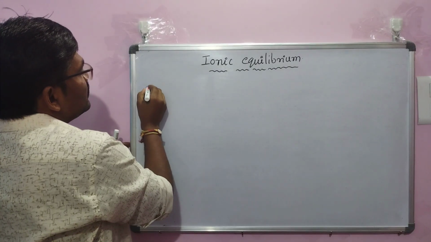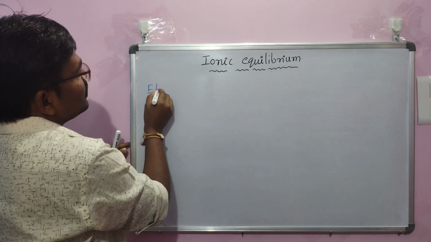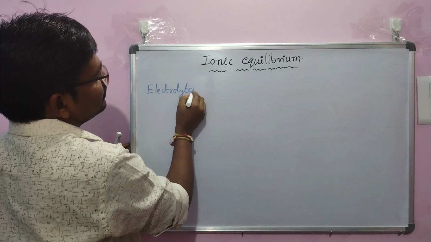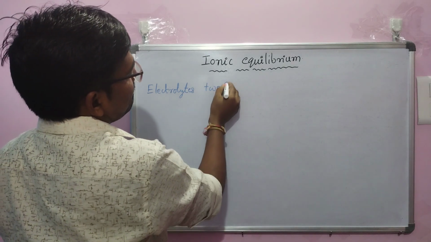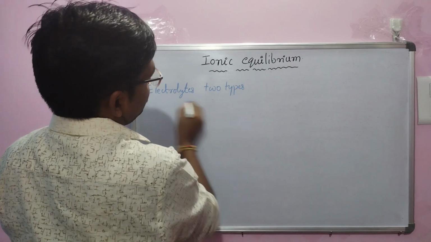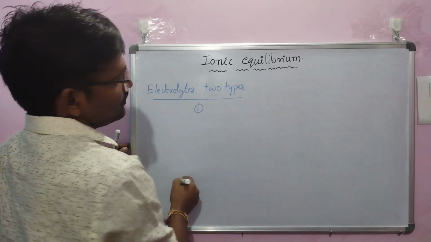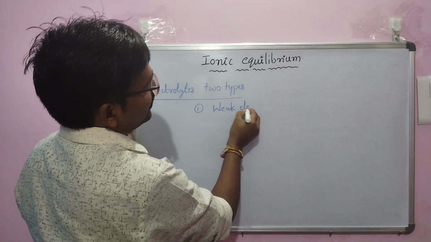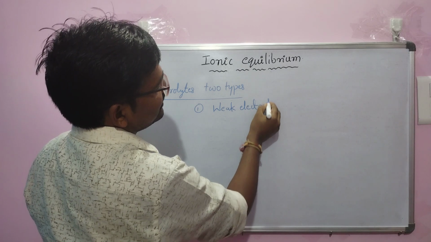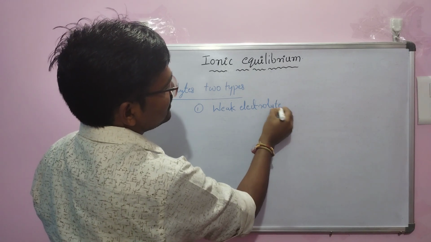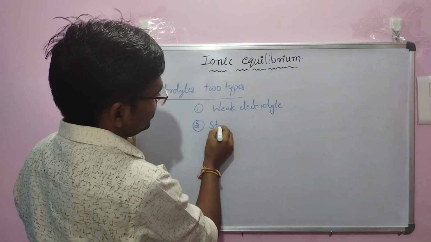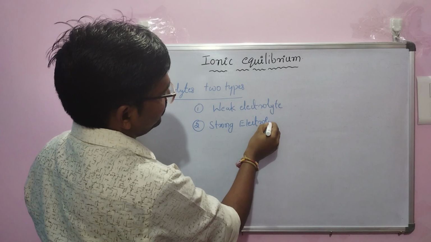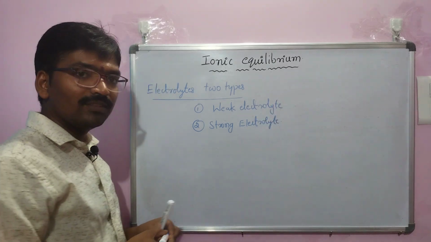Now I am telling that electrolytes are two types: one is weak electrolyte, another one is strong electrolyte.